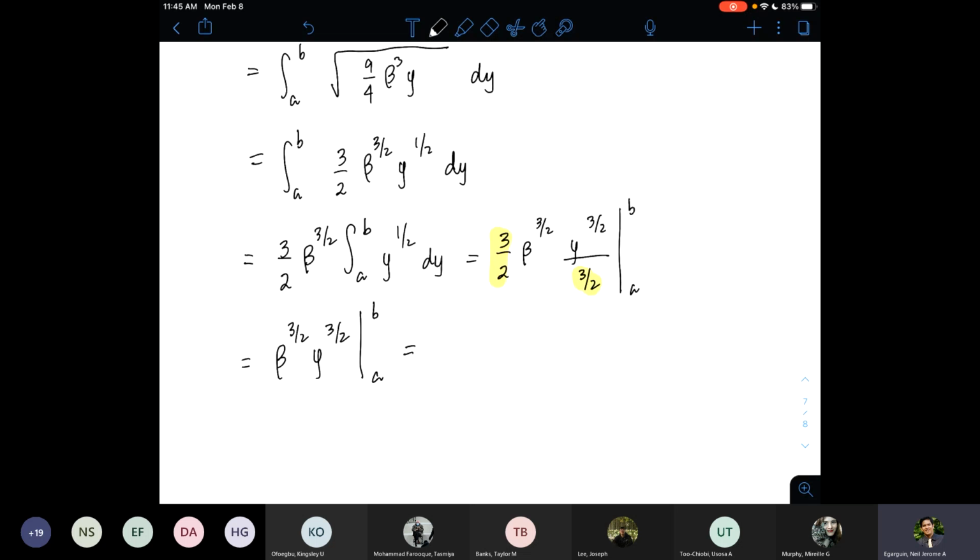So basically the final answer here would be beta to the 3 halves times (b to the 3 halves minus a to the 3 halves). Okay, and that would be the arc length. So unfortunately, the problem did not give us the value for beta, nor the values for a and b. So we'll keep the final answer this way.